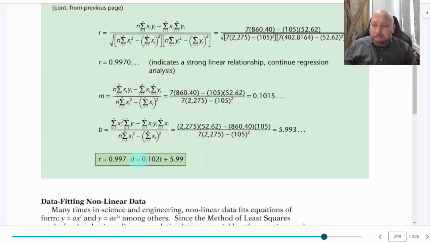Why are we using approximately equal to? Because we've rounded off. There's rounding going on here. So this is Y equals M, so here's your M, here's your X, and here's your B. Okay, and that's your formula for your line of fit, your best line of fit that you can have.